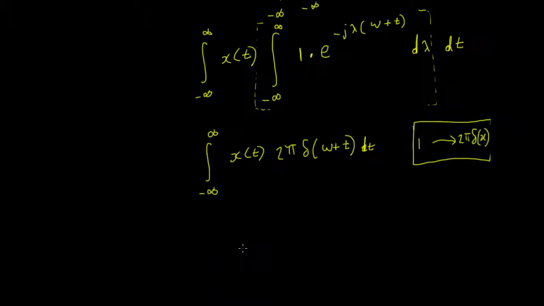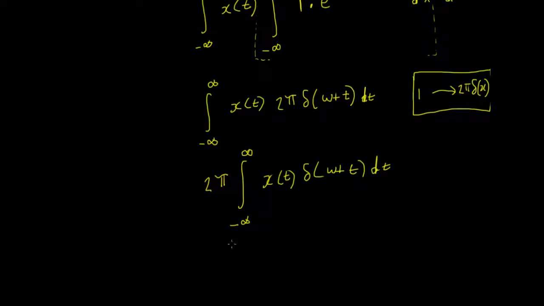So what we can then do is take the value of 2 pi out, and we do the integral from minus infinity to infinity of x of t times delta of omega plus t, by dt.